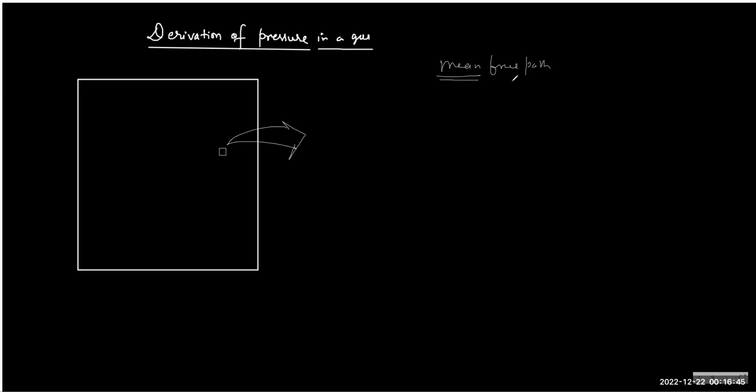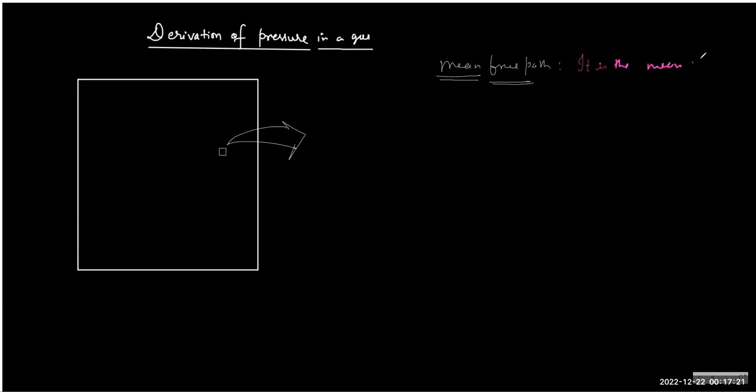Mean means average, and free path, as I have explained, is the distance traveled between two successive collisions. If you take the mean of all such values for the cluster of molecules, what you end up getting is the mean free path.